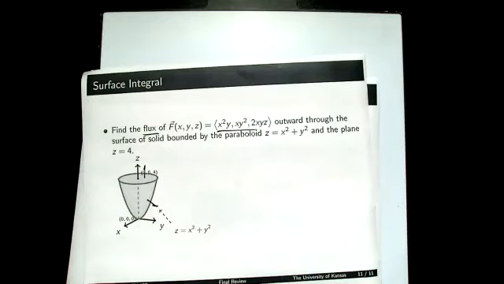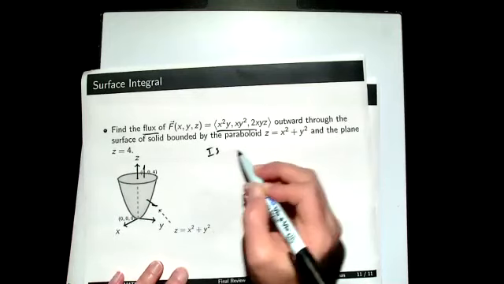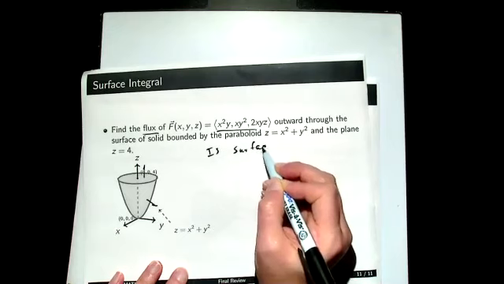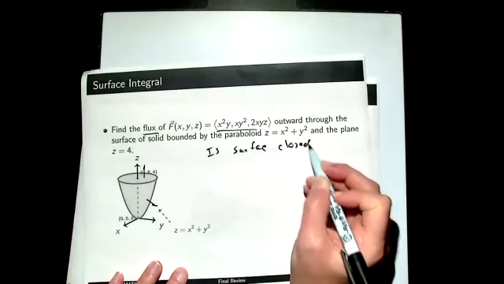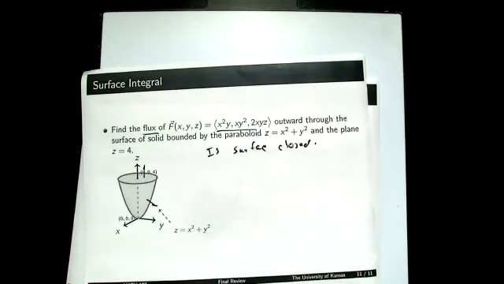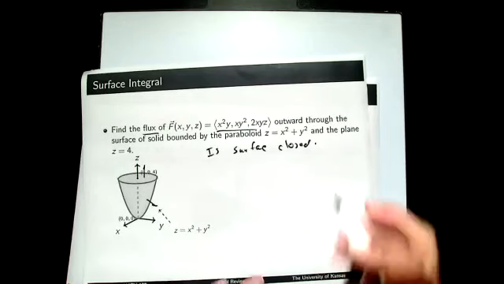Is this a closed surface? Yeah, any surface that contains a volume is a closed surface. Like the simplest thing that you think of, that's a closed surface, yes.